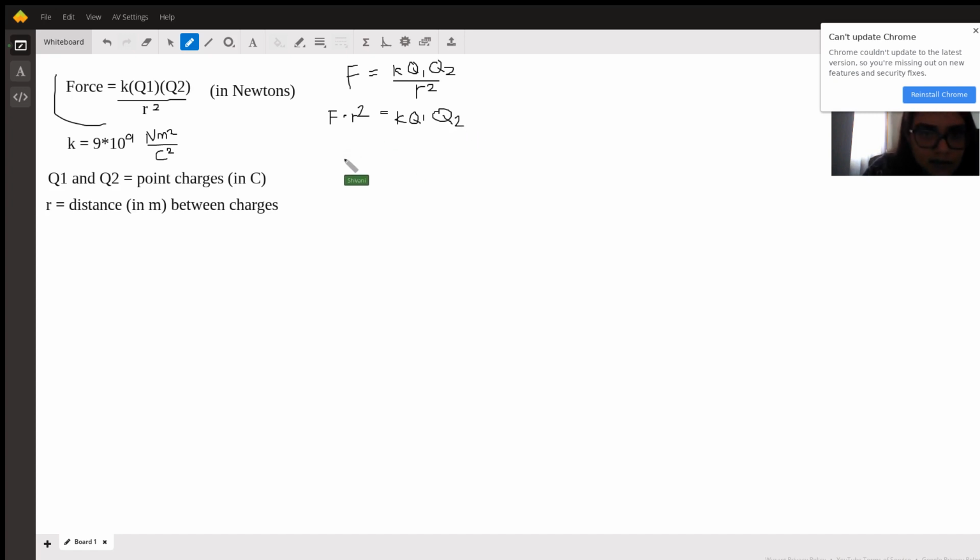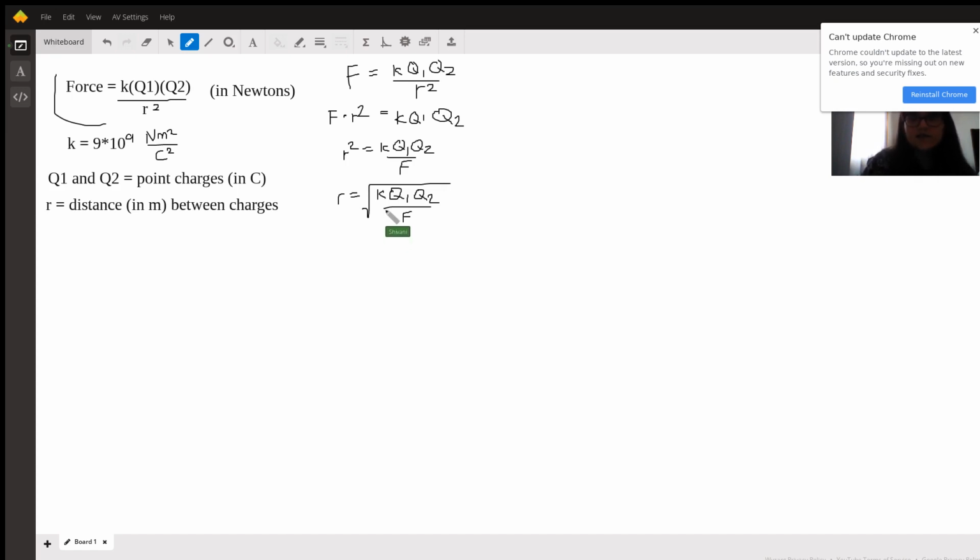So then R squared is equal to K Q1 Q2 over F. So then R is the square root of K Q1 Q2 over F.